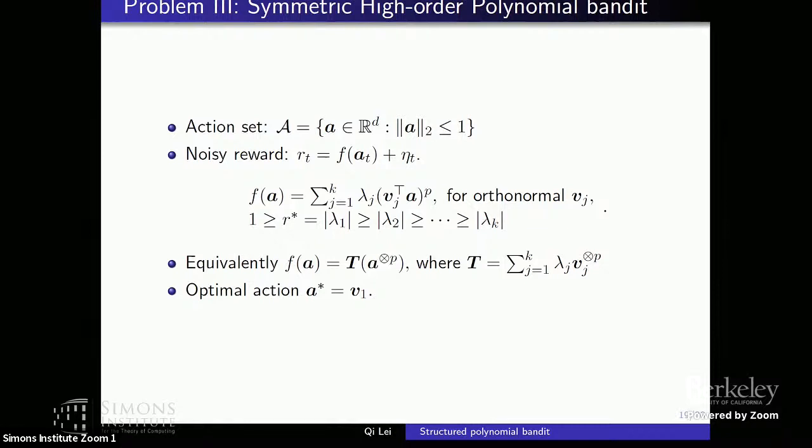And we assume those v_j are orthogonal to each other. Equivalently, we can write it as a tensor-vector product, where we assume the tensor to be orthogonally decomposable. In this case, the optimal action will be A star equals v_1, the top eigenvector of the tensor.